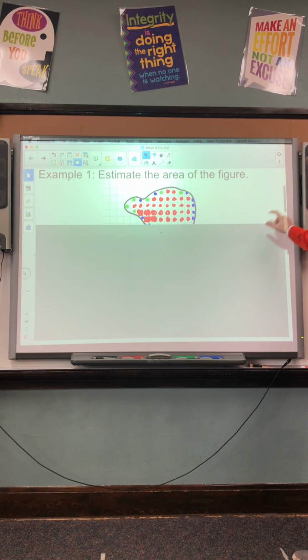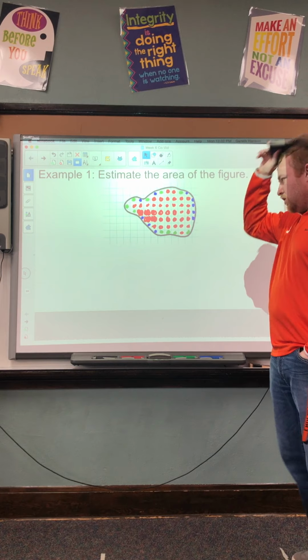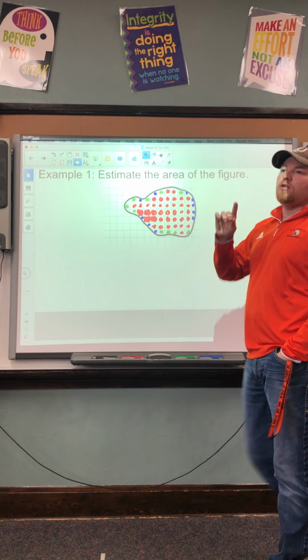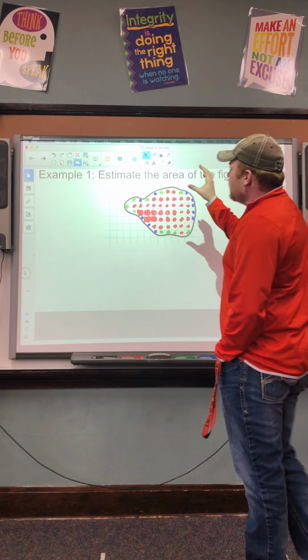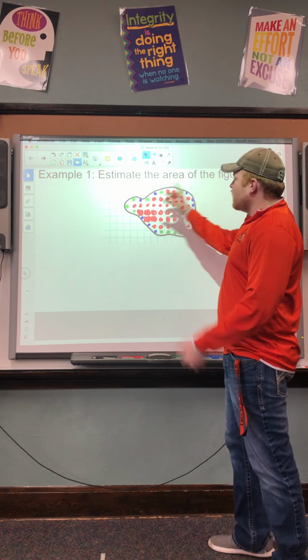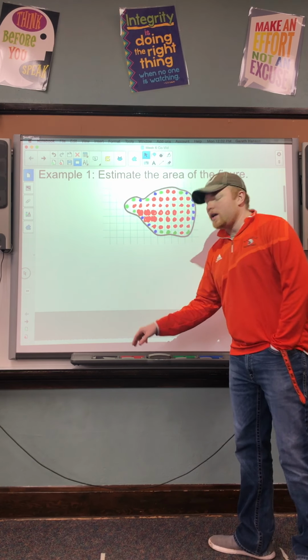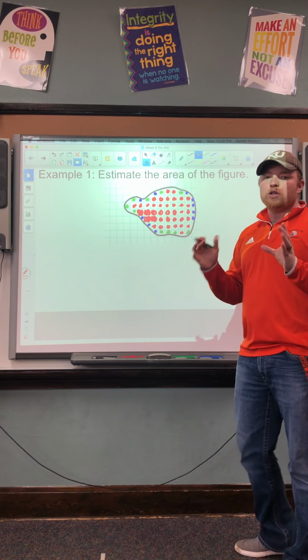Example 1. Estimating the area of the figure. First thing you do is count the total amount of whole squares that are in the figure. For this one, I color coordinated the whole squares red.